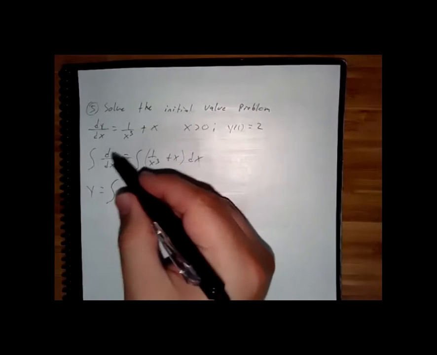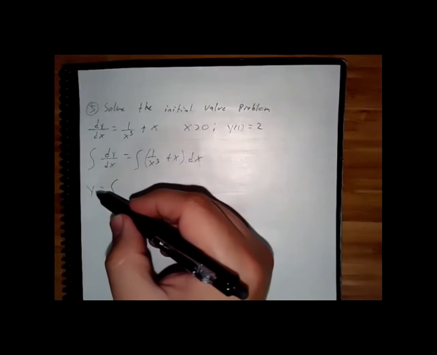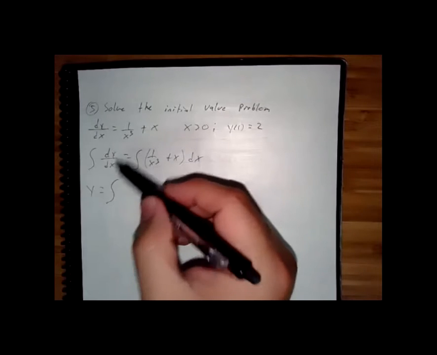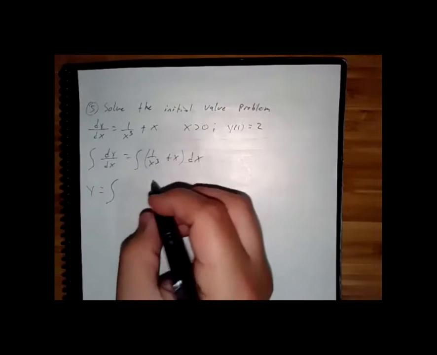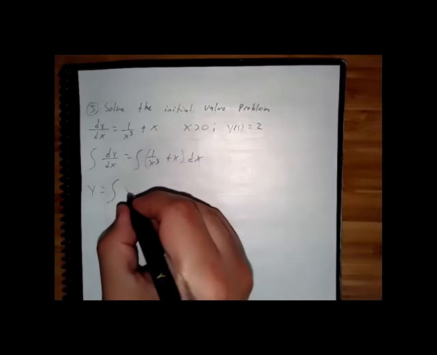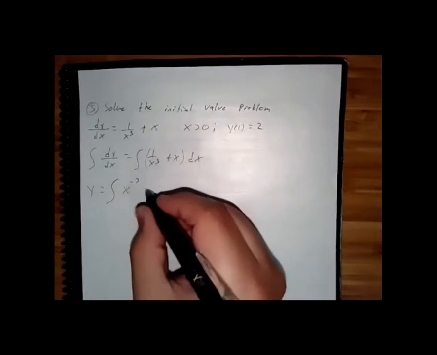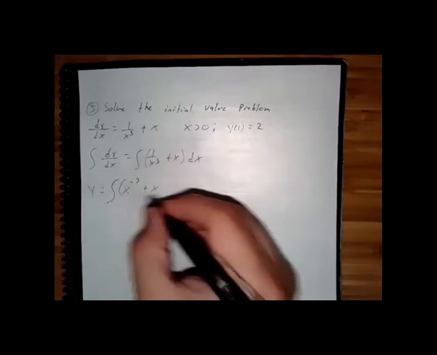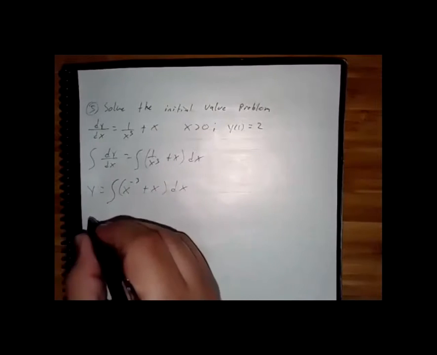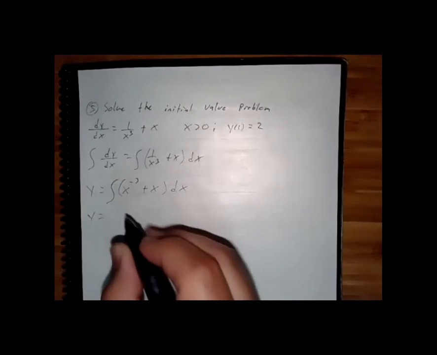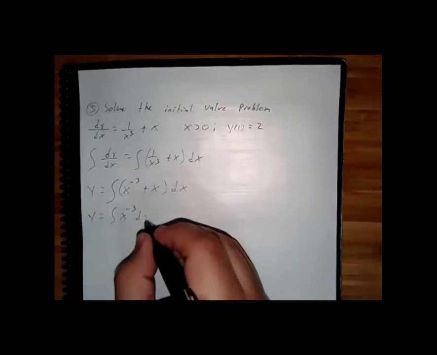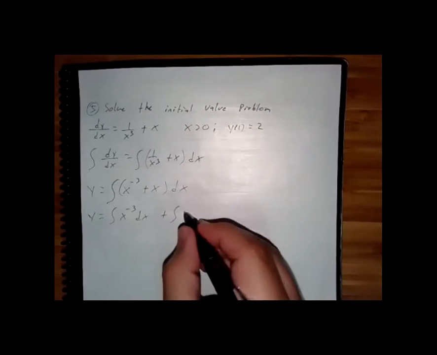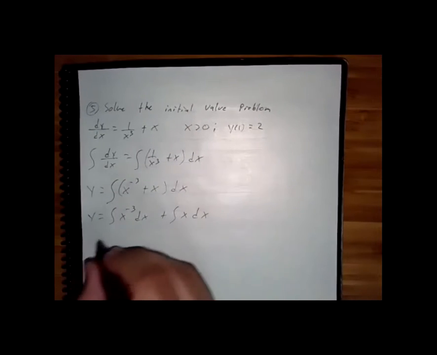So the integral of a derivative is just the original function. So that's why this is gone. So y is equal to this. So let's change this into a negative power and integrate. So y, the original function, is equal to these two.